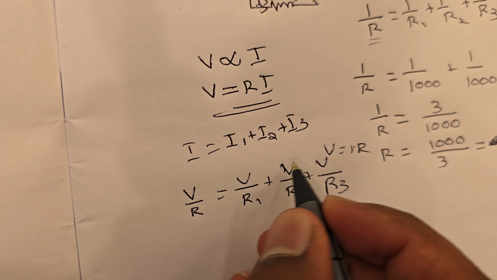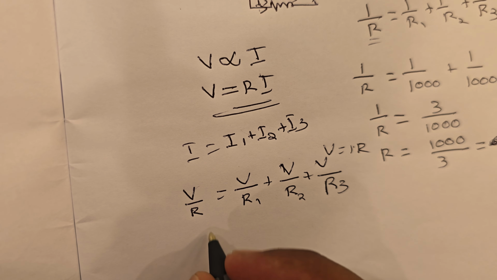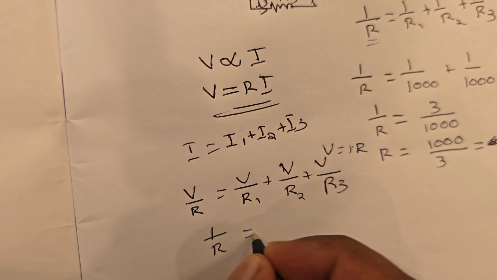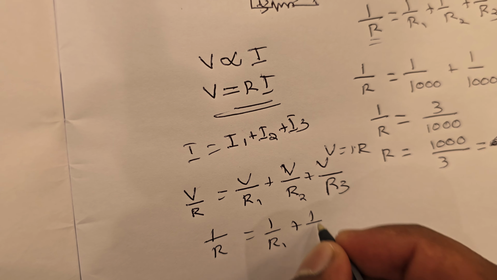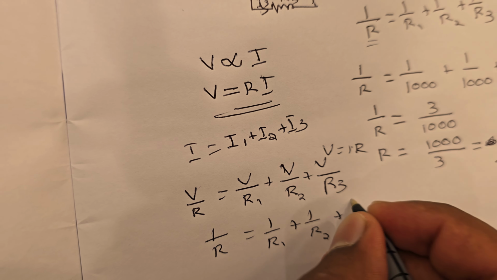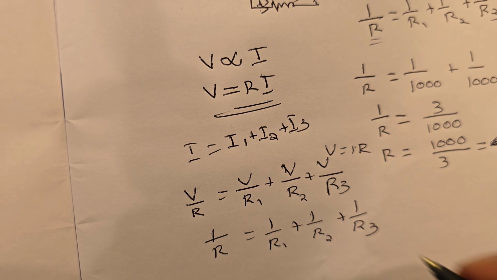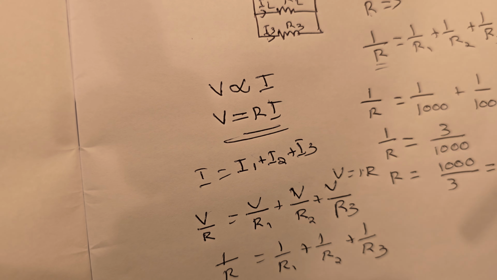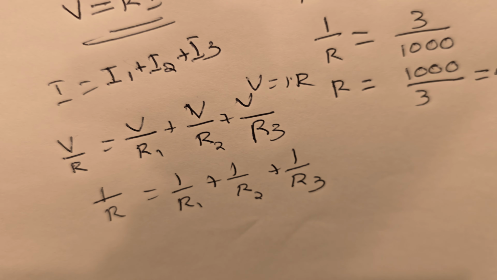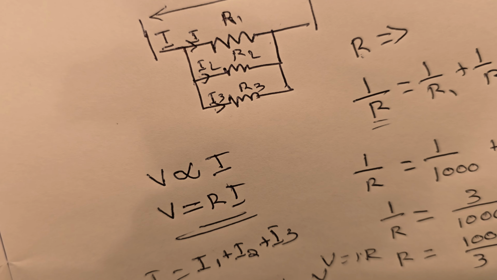We can cancel these V's on both sides. Then 1 by R equals 1 by R1 plus 1 by R2 plus 1 by R3. So that's how resistors work in series and in parallel, which is not a very complicated formula.